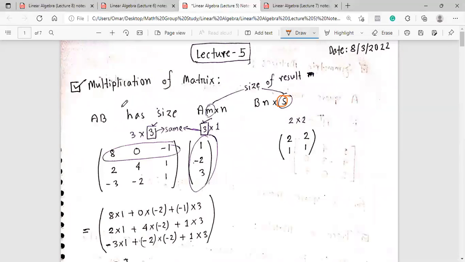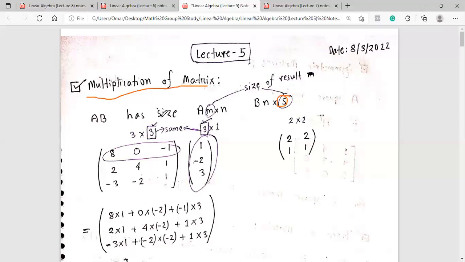So we are learning multiplication of matrix. We have two matrices here. One is this one and another one is this one. The first matrix is a 3 by 3 matrix, okay? Because we have 3 rows here and also 3 columns here.